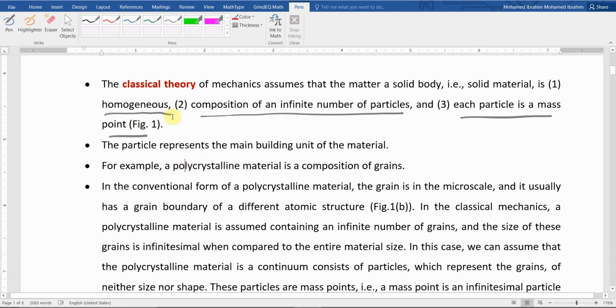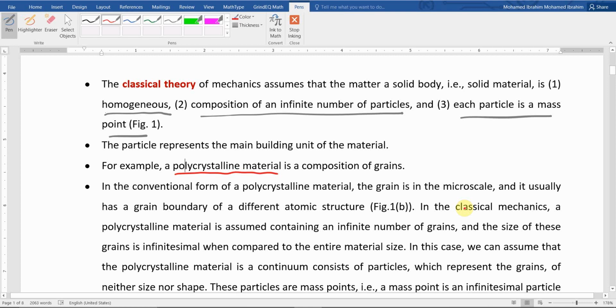Also, if you remember from the material science class, a polycrystalline material is composed of so many grains. If we look at the material microstructure, you will see lots of grains arranged and set up together to form the material that we use. Nearly all metals are polycrystalline materials.